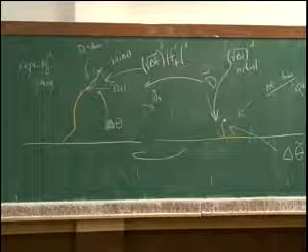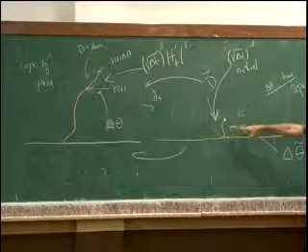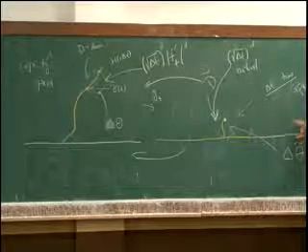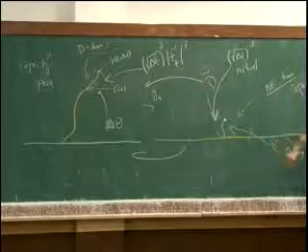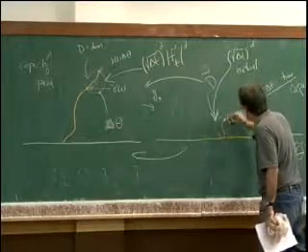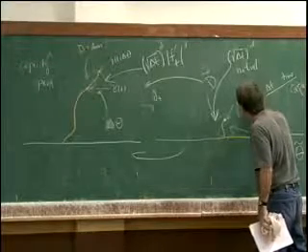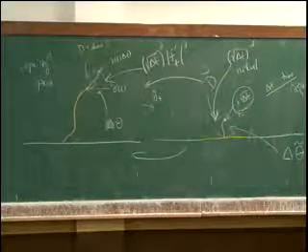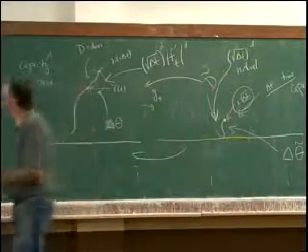I haven't plugged in a point yet, but let me just plug in a typical point here. This diameter is like square root delta t, so let me put in a typical point.